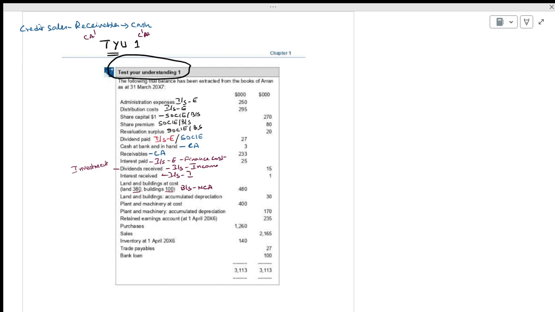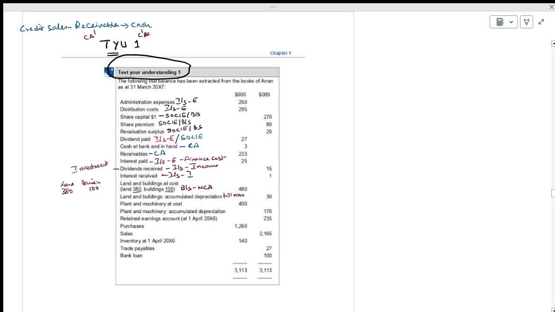Accumulated depreciation is nothing but depreciation till now. How much they have calculated depreciation? 430. They gave you this one, 480. In that you will have land of 380 and buildings of 100.